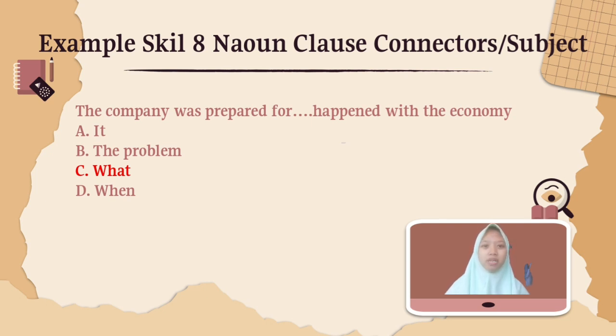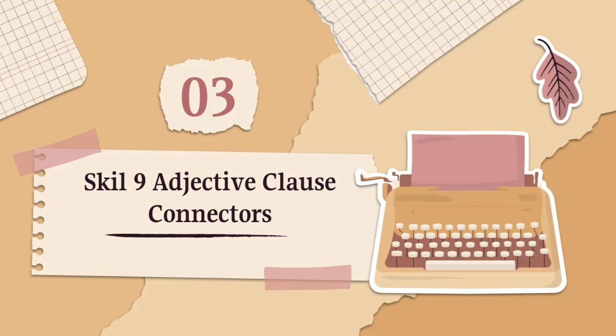B. The problem is a subject but not a connector. C. What is a connector and can be used as a subject. D. When is a connector but cannot be a subject. So the correct answer in this question is C, because to get the correct answer, the sentence requires a subject and connector between two sentences.